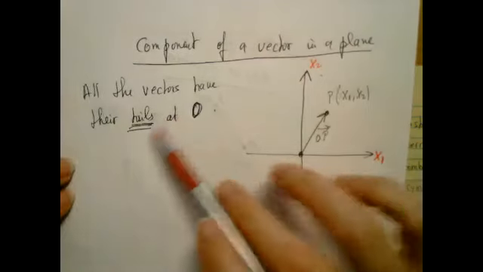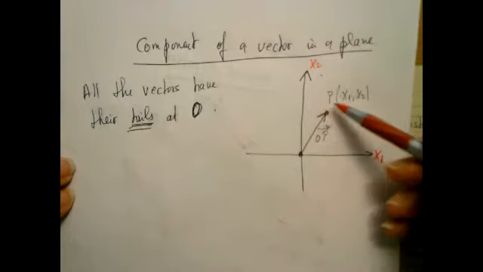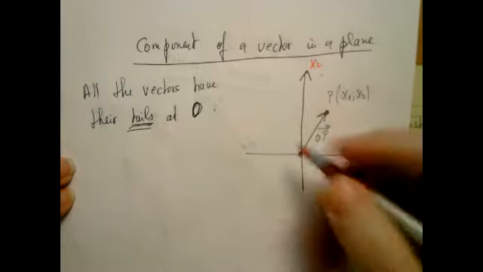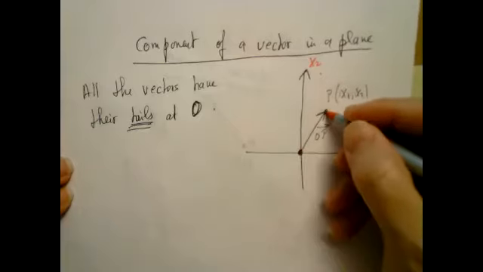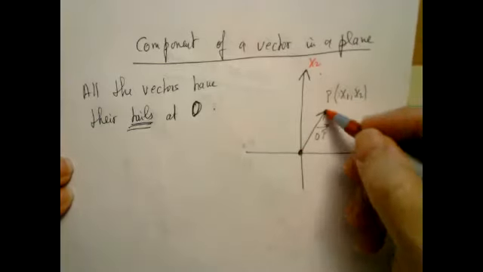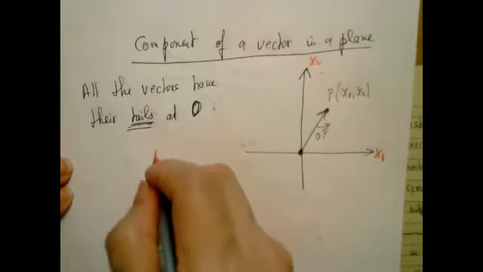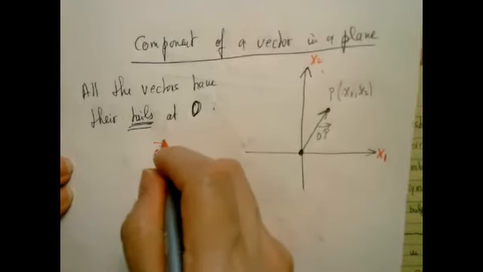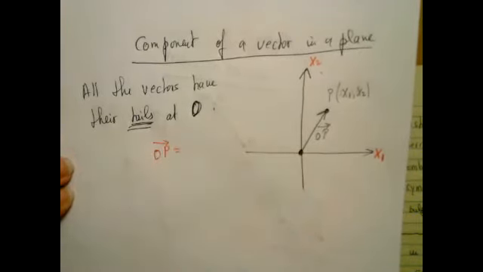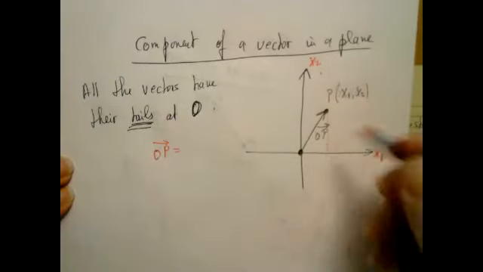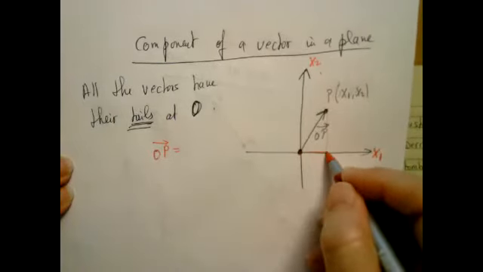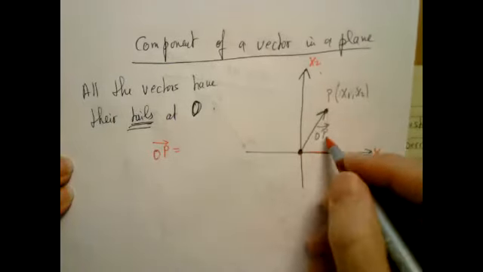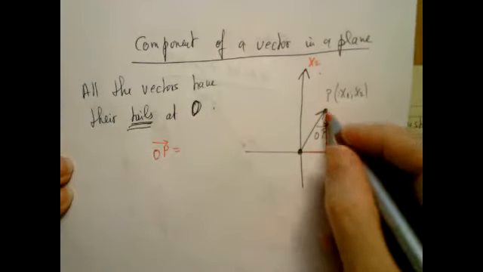So first, all my vectors have their tail at the origin. What are the components of the vector OP? If the tail is at the origin and P is the head of it, then the components of the vector OP are nothing more than the horizontal displacement from 0 to the point P and the vertical displacement.